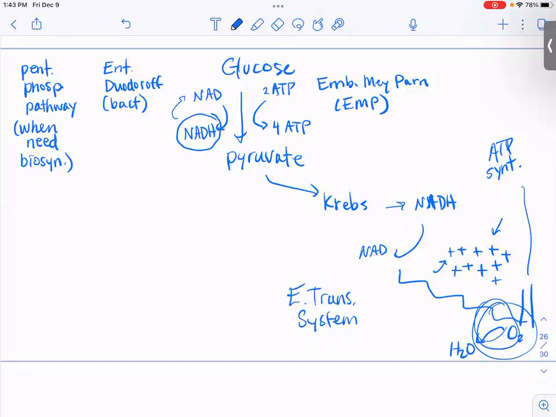So these electrons have to have somewhere to dump off. In a fermentative pathway, they will dump off onto maybe some organic compound that's already in the cell, like pyruvate, and then you would end up maybe with something like lactic acid. Lactic acid is just pyruvate with that hydride ion with the 2 electrons and the proton attached to it. So in a fermentative pathway, that's just keeping those NADs recycling back.